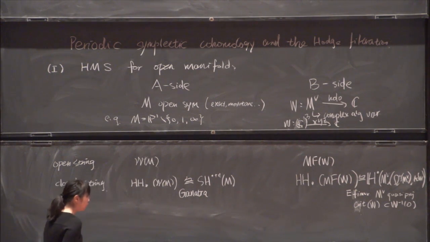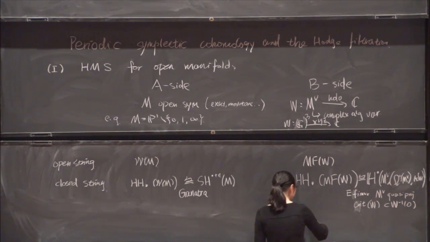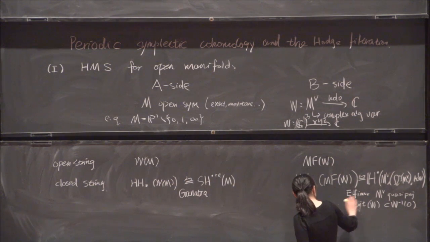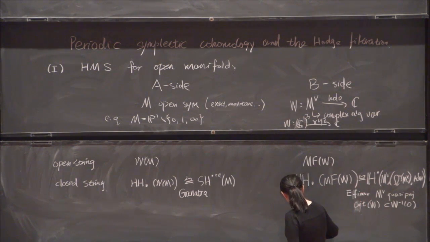Okay, so on the other hand, Efimov also proved that you can take something called the periodic cyclic homology of the category.